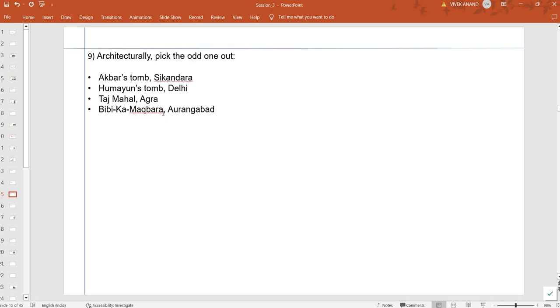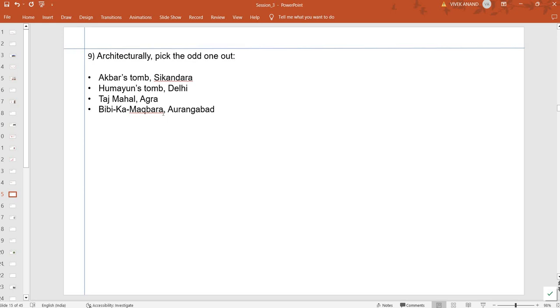Whatever you think, just tell. So maybe Akbar's tomb. Yeah, then why Akbar's? Because all other three have domes on the top, but Akbar's tomb does not. The rest are history planning. Yeah, that's also right.